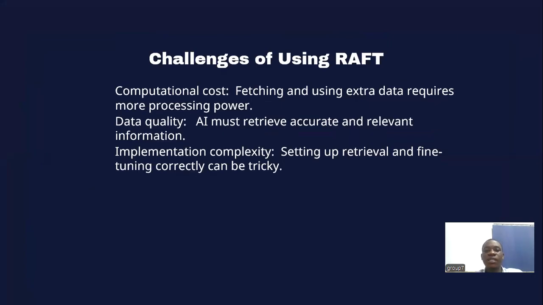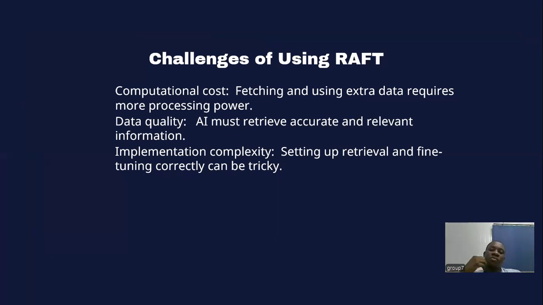So the challenges of using RAFT are, first, computational costs. For example, because we said it will have a lower, not zero, cost, because fetching and using extra data requires more processing power.